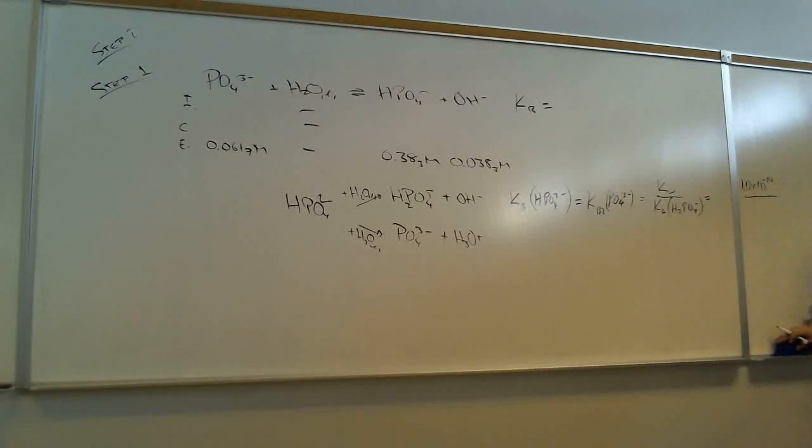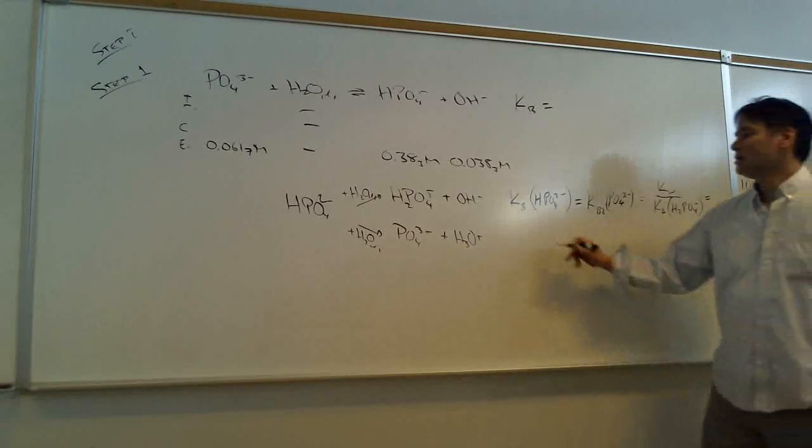Ka for H2PO4 minus is 6.3 times 10 to the negative 8, which gives me a Kb of 1.58 times 10 to the negative 7.